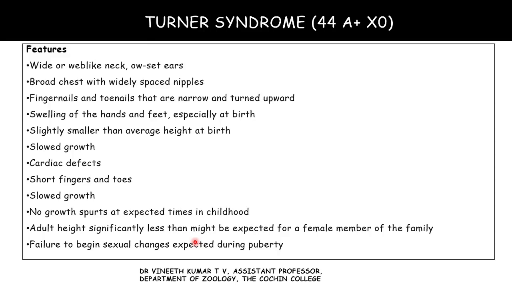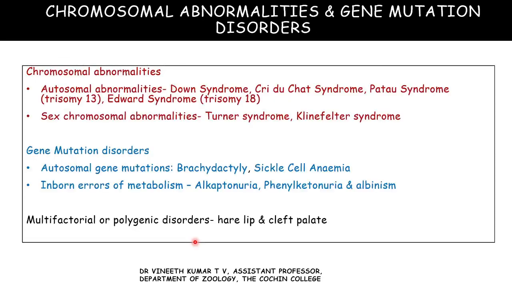So with this, we come to the end of our discussion of the sex chromosomal abnormalities. We discussed Klinefelter syndrome, which is due to a trisomy, an additional sex chromosome. The Klinefelters are males because they have a Y chromosome. We also discussed the monosomic sex chromosome disorder, which is Turner syndrome.